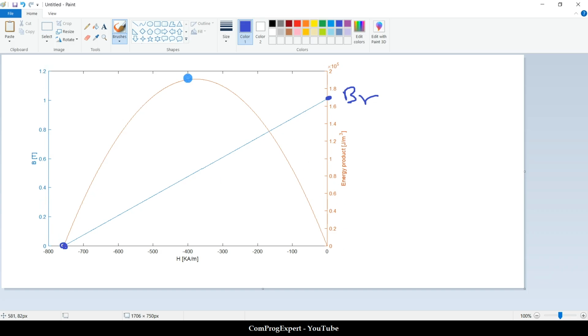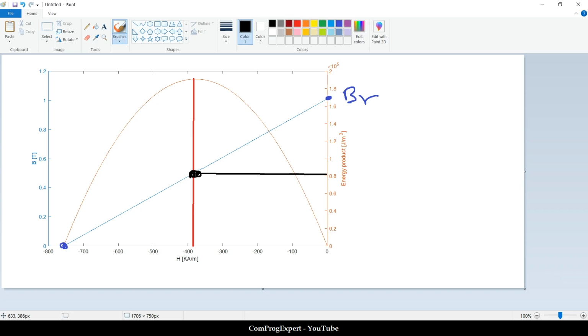Here we have maximum energy product. The maximum energy product occurs here. Yes. So you can check the numbers. So this is the value of BM and the value of HM that we have here for this point here.